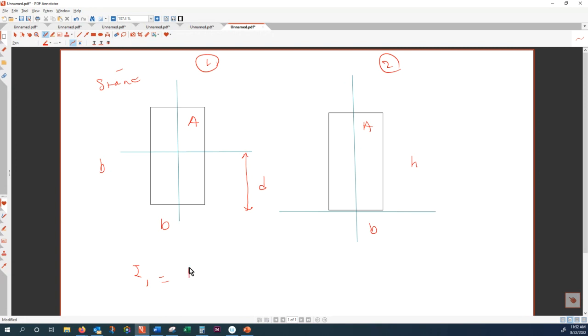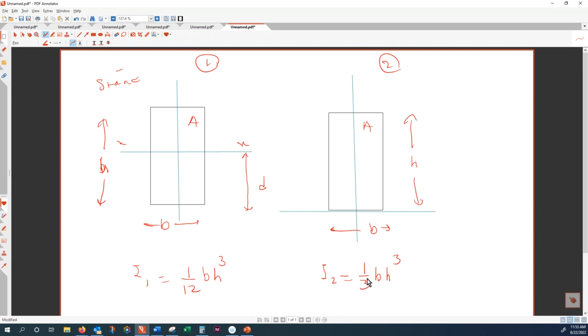I for case 1 is 1 over 12 b h cubed, where b is the width and h is the height. So here you find the standard moment of inertia with respect to this axis, XX, 1 over 12 BH cubed. But for this one, if you do the integration, your moment of inertia is 1 over 3 BH cubed.